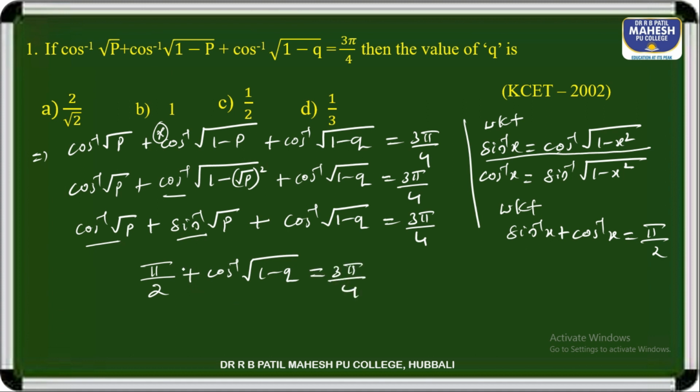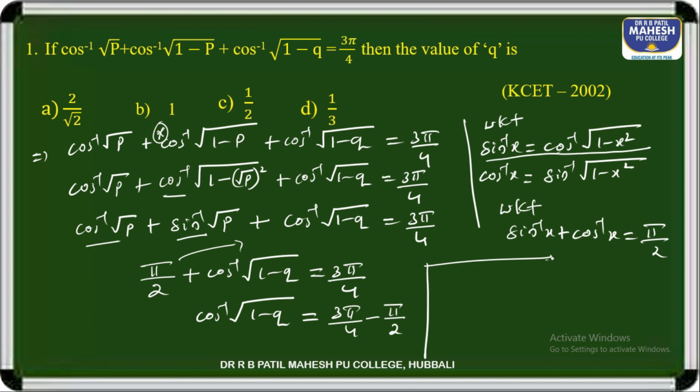Then taking pi by 2 to the right hand side, cos inverse of root of 1 minus q is equal to 3 pi by 4 minus pi by 2. When pi by 2 comes to the right side, it will be minus pi by 2. After simplifying, you can observe cos inverse of root of 1 minus q is equal to how much? This 3 pi by 4 minus pi by 2 gives pi by 4.